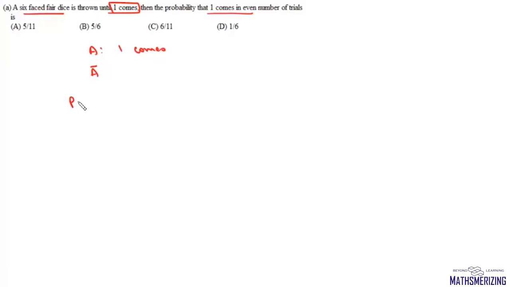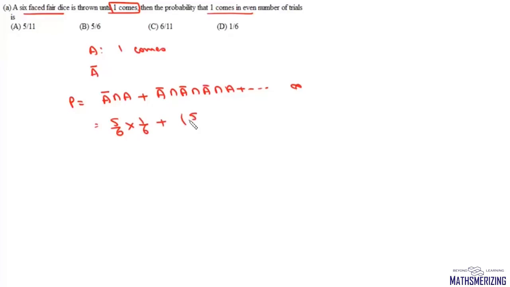So for this probability, we have this case when the first one is not 1, and then the second one is 1, or the first is not 1, second is not 1, third is not 1, but the fourth is 1, and it will continue up to infinity. Now the probability of A complement, so not getting 1, is 5 by 6, and getting 1 is 1 by 6.